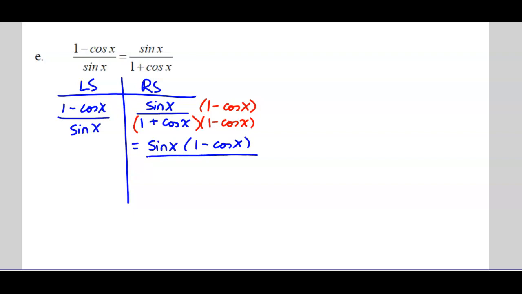When I multiply those conjugates, I get 1 minus cosine squared x. Take a look at your formula sheet. Look for any formula that has cosine squared in it. So it's sine squared x plus cos squared x equals 1. That's on your formula sheet. So if I bring this over to the right, I would get 1 minus cosine squared equals sine squared.